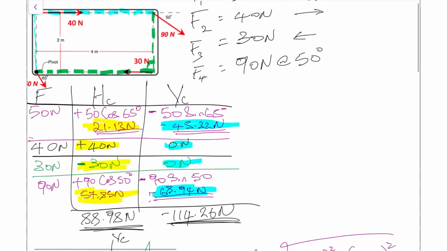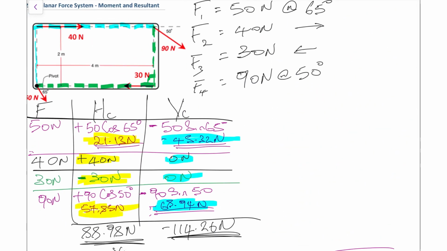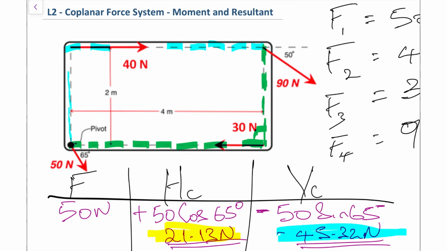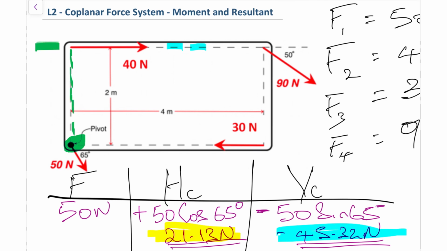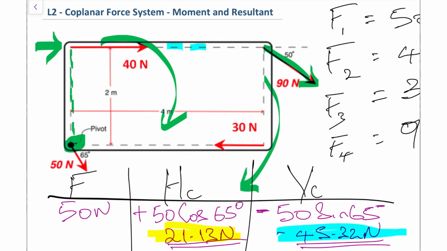So what that means, I'll just come back here, is from our pivot point right there in green, you can just imagine this force right there is going to be trying to rotate this thing like so in a clockwise manner. And as well as this force right here, both of its components are still going to be trying to rotate this thing in a clockwise manner. And that's why I'm using negative, because I'm taking my clockwise turns to be negative, but you could use positives as well. So let's move on with the calculations then.